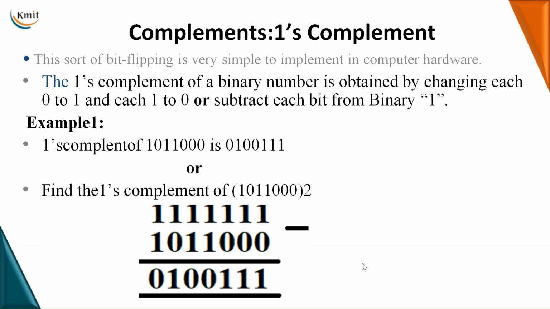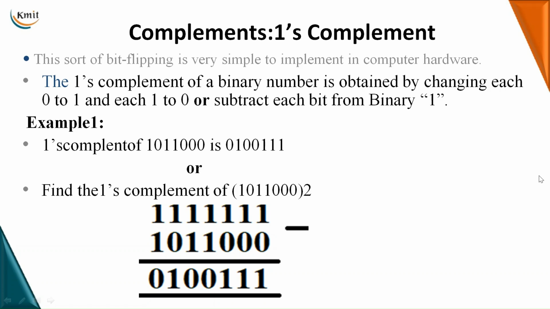First we'll discuss the first type of complement, which is ones complement. In ones complement we flip the bits of your positive binary equivalent, and this sort of flipping is said to be very simple to implement in terms of computer hardware, because you are just flipping the bits.